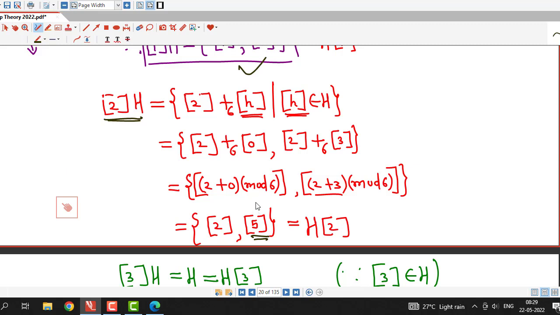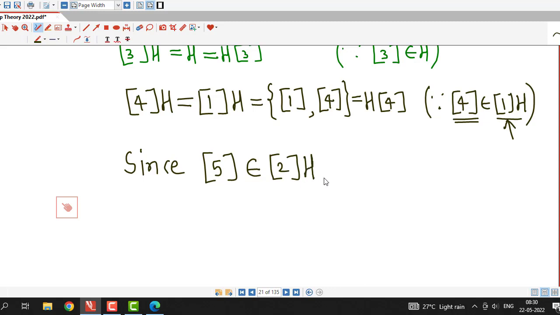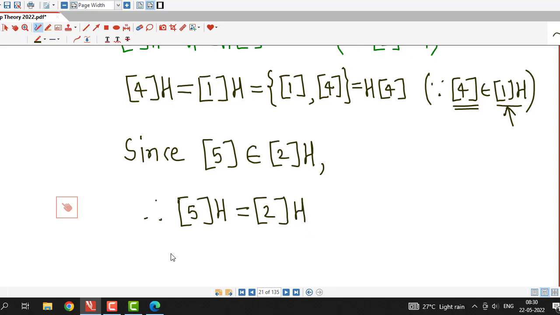Because this 5 is present in this left coset, the coset corresponding to 5 will be this coset containing equivalence classes 2 and 5. So we can write that since 5 is present in the left coset corresponding to equivalence class 2, the left coset corresponding to equivalence class 5 will be equal to the left coset corresponding to equivalence class 2, and this we have already obtained.